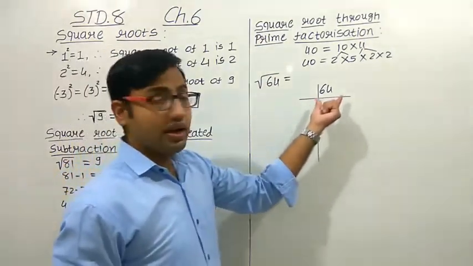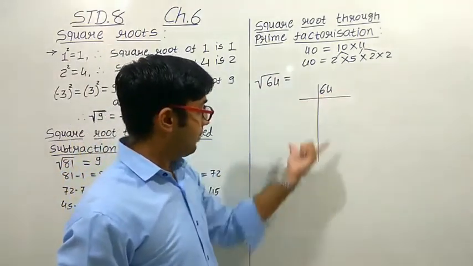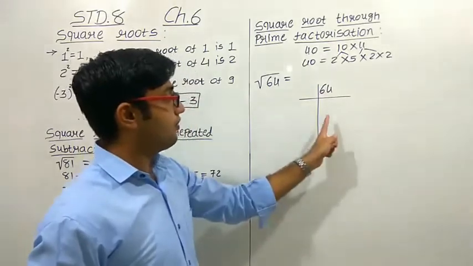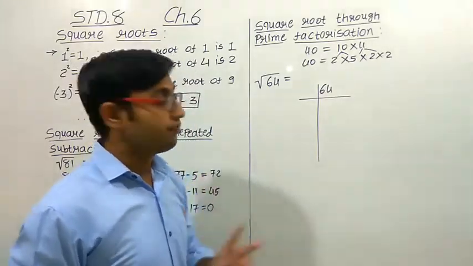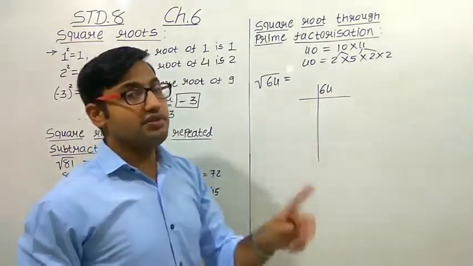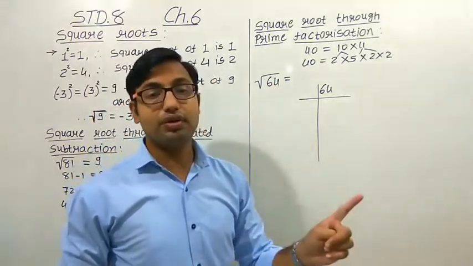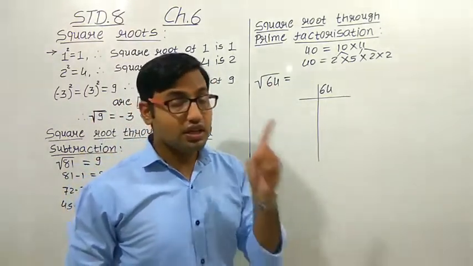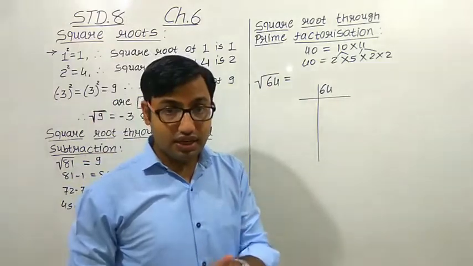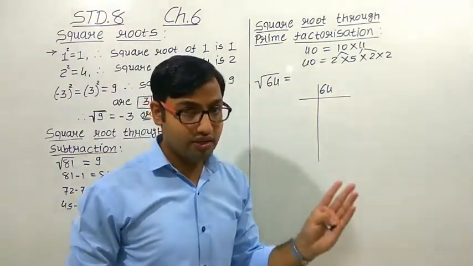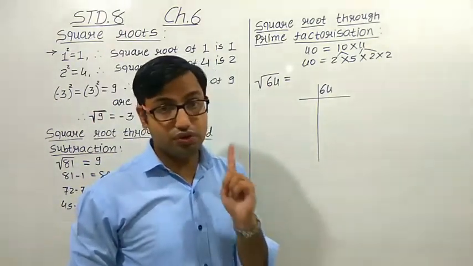We write 64 here and make this type of pattern. Now we divide this number by 2. If the number is not divisible by 2, then only we divide by 3. If it is not divisible by 3, then only we divide by 5. You have to keep that pattern in mind.